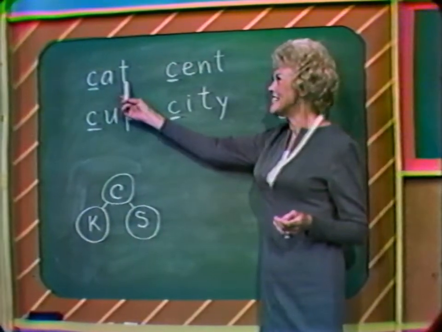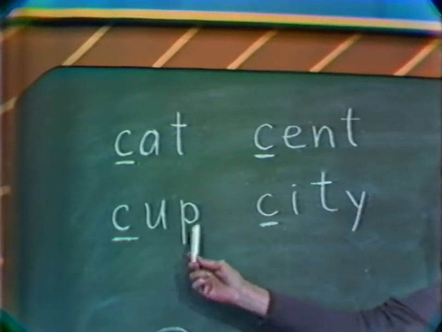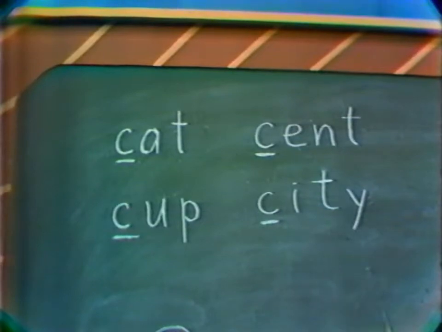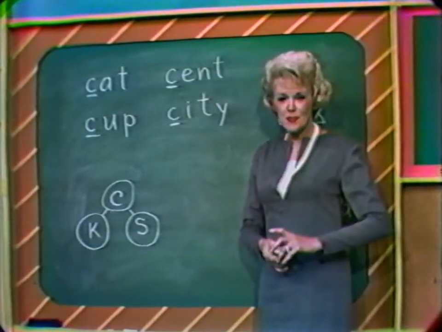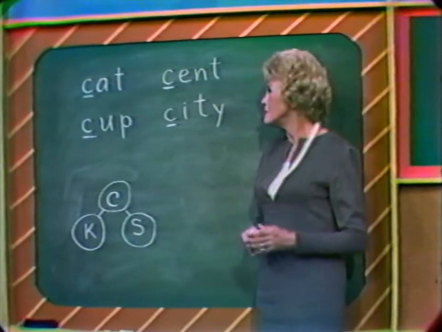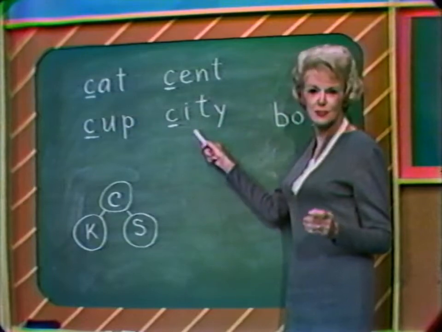Remember, C-A-T, cat, but C-E-N-T, cent. And C-U-P, cup, but C-I-T-Y, city. C says K in most of the words you try, but C says S before the E and I.